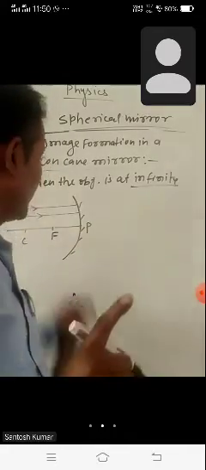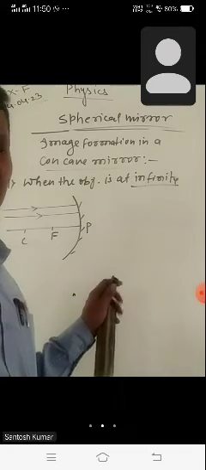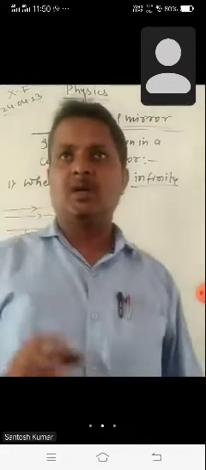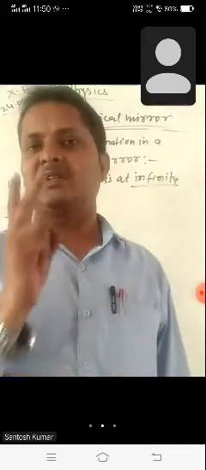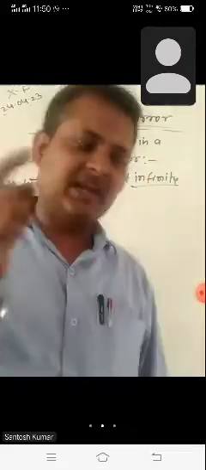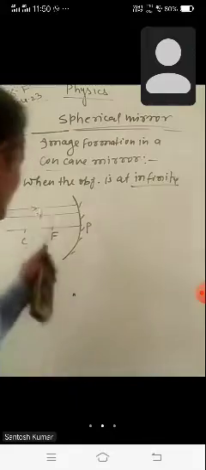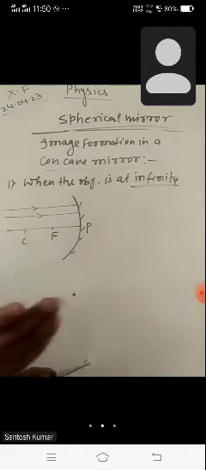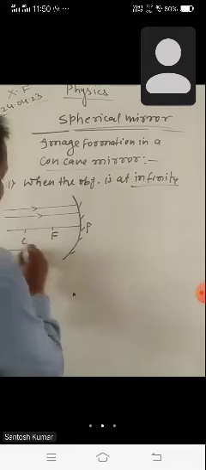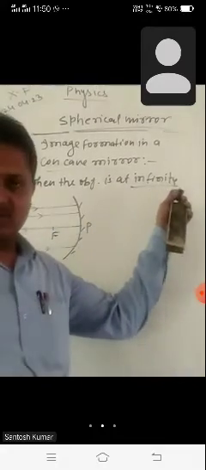Once again, many light rays can be there, infinite light rays are coming. But for the formation of an image, as we have explained, at least two light rays should be there so that their intersection point can be obtained, and on that basis we observe the position of the image. So two light rays we have taken. You can take two, three, or some more. One more light ray I am taking. What will happen?